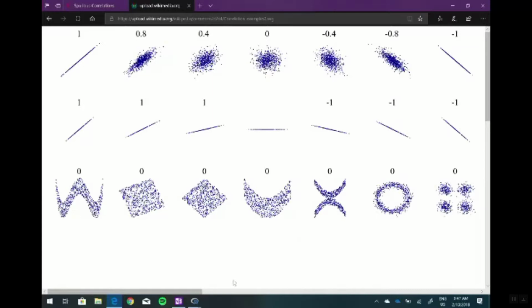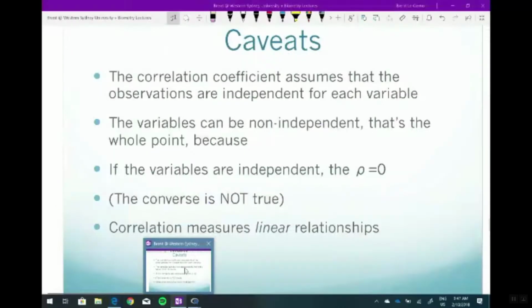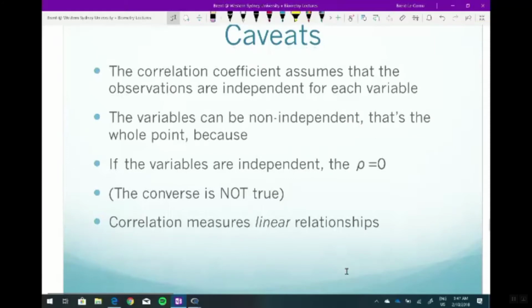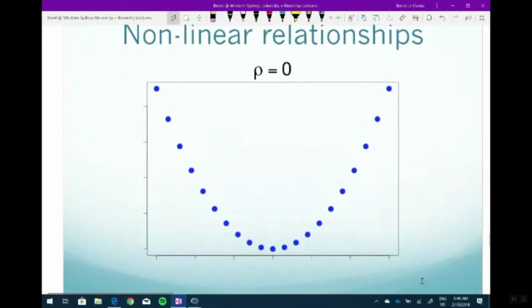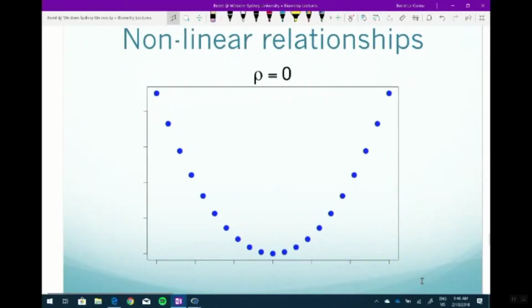Being independent implies the correlation is 0, but the correlation being 0 doesn't necessarily imply that the variables are independent. And lastly, again, I've said it a few times because it is very important, the correlation coefficient we are using measures only linear relationships. Any other kind of relationship we are not interested in. Okay, there's another one, by the way, a parabolic relationship. It would also have a correlation of 0. Would work out to be that way.